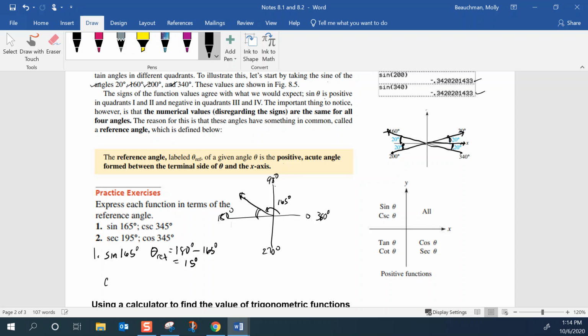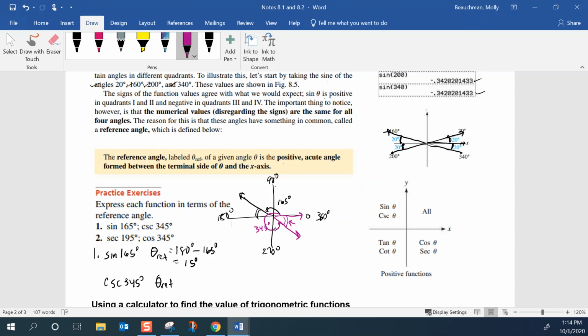The cosecant of 345 degrees: we have to figure out where 345 lands. So if we start here at 0 and rotate 345 degrees, then this is the reference angle.